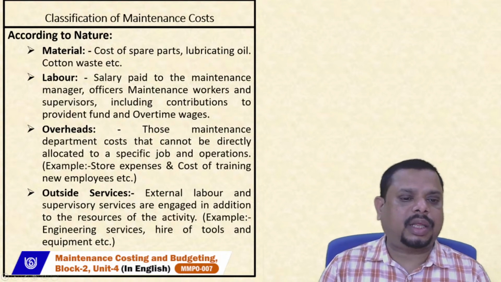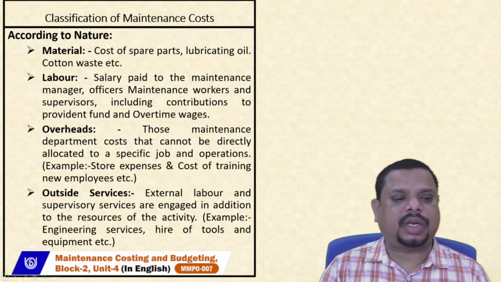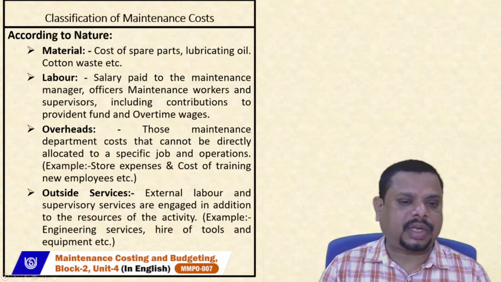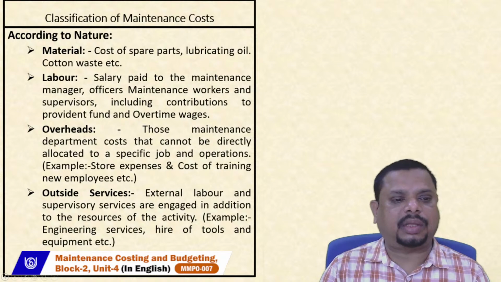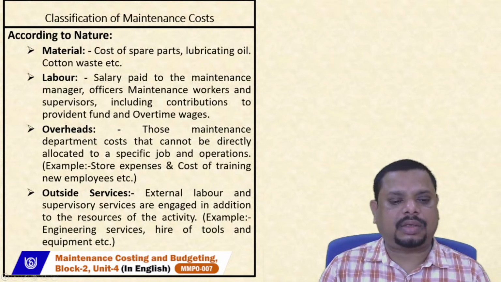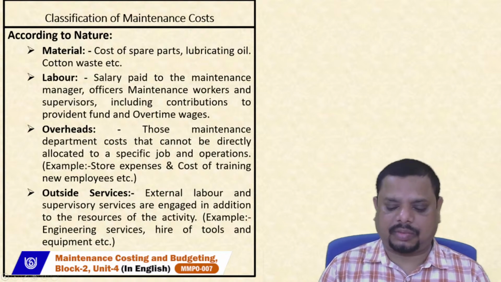In case of overhead, the store expenses, cost of training of new employees, cost of training to the specific technical personnel are the examples of overhead cost. And the next one we have outside services. For example, engineering consultancy and services, hiring of tools and equipments are the examples of outside services.